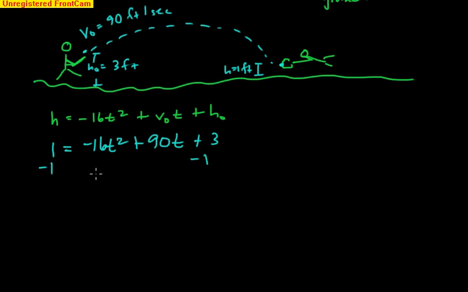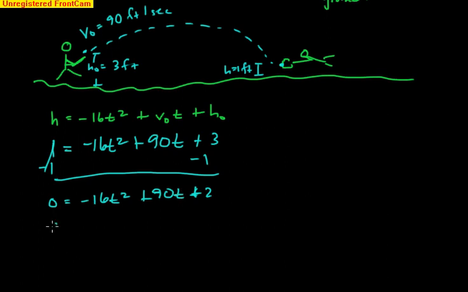Move the 1 over by subtracting it. 0 equals negative 16t squared plus 90t plus 2. And now I have it in standard form. A is negative 16, B is 90, and my C is now 2 because the guy caught it 1 foot above the ground.